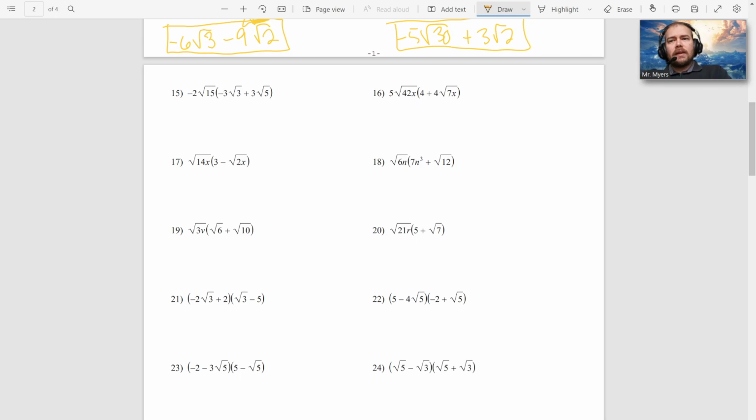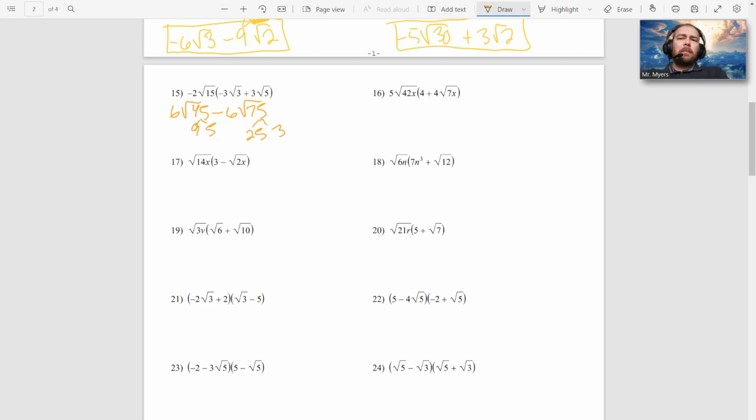So -2 times -3, that's 6. Root 15, root 3, that's root 45. Okay, let's do it again. -2, positive 3, root 15, root 5. And what would that be? Is that 75? Yeah, it's 75. Okay, so both of these simplify, actually, because 45 is 9 times 5. 75 is 25 times 3.